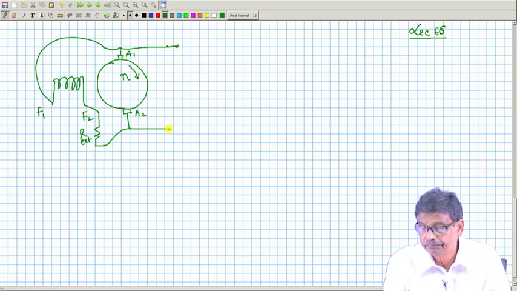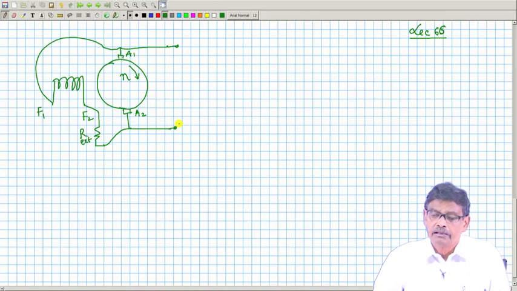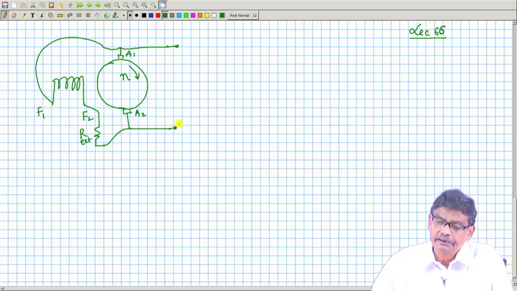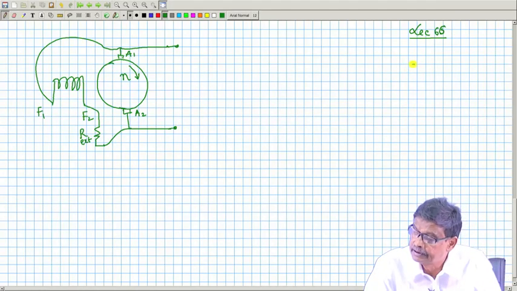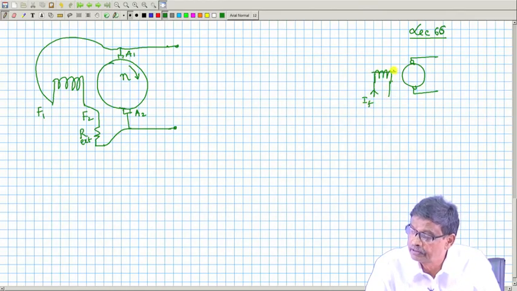Okay. Now, in contrast to a separately excited generator, which I will draw here for ready reference: this is the armature, this is the field winding, and here you pass DC current from a separate source, and it creates flux per pole.